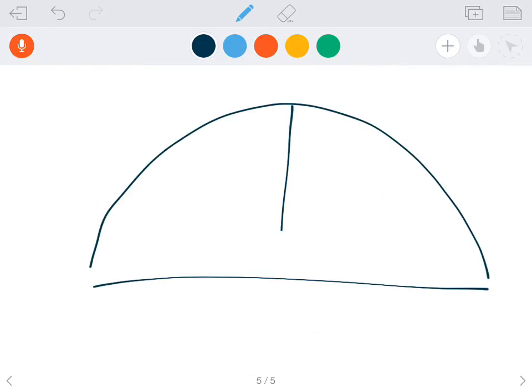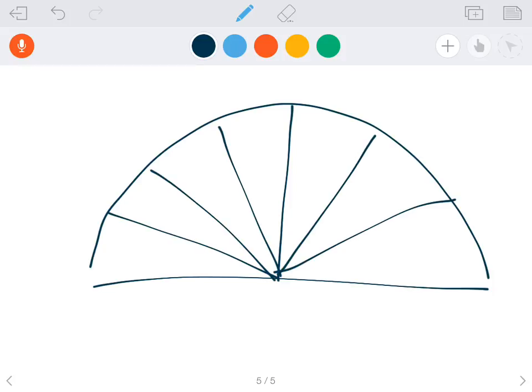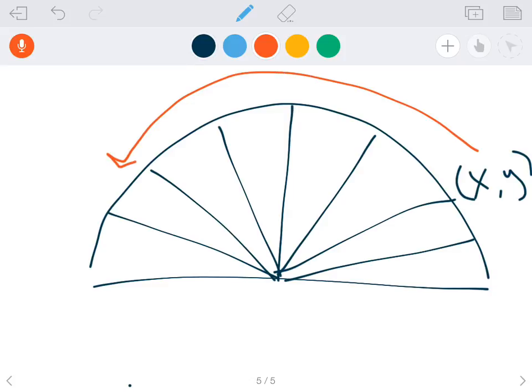Now let's see how this maps to the second quadrant. If I have an xy point here, and I map it over to this quadrant, all I have to do is take the x-coordinate and make it negative, and my y-coordinate stays the same.